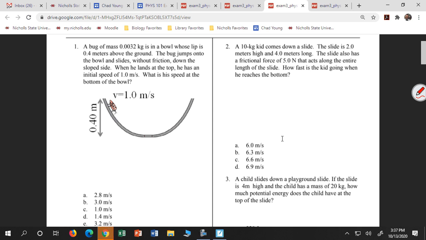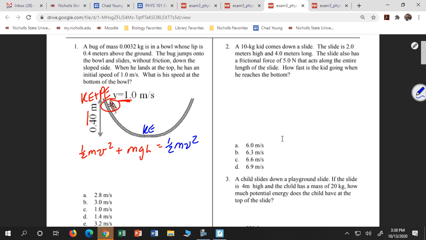I have a bug right here, and then it slides down the bowl, and I want to know what is the speed down here. So I need to ask myself, what kind of energy does this bug have at different points within this situation? Up here, he has a speed and a height, so he has both kinetic and potential energy. But down here, he only has kinetic energy. So it's 1/2 mv squared plus mgh equals 1/2 mv squared.